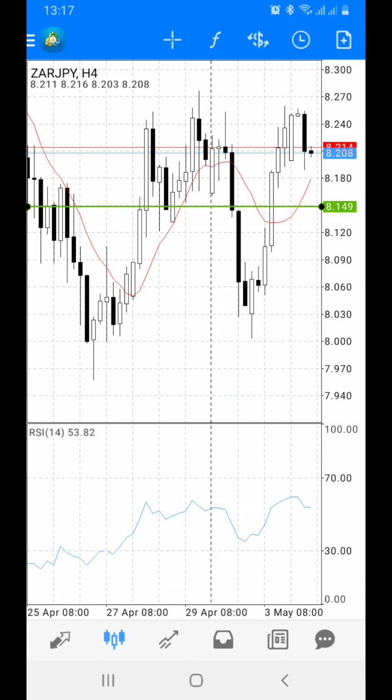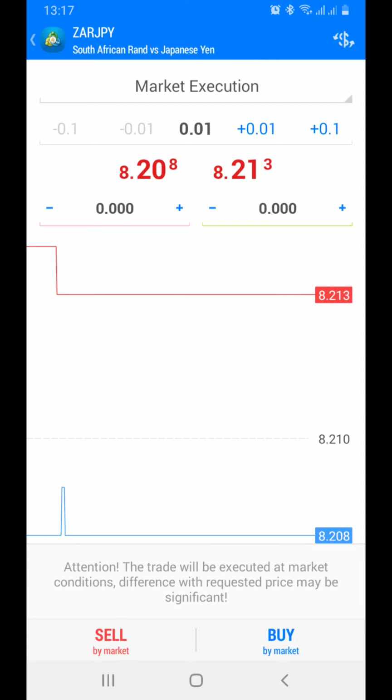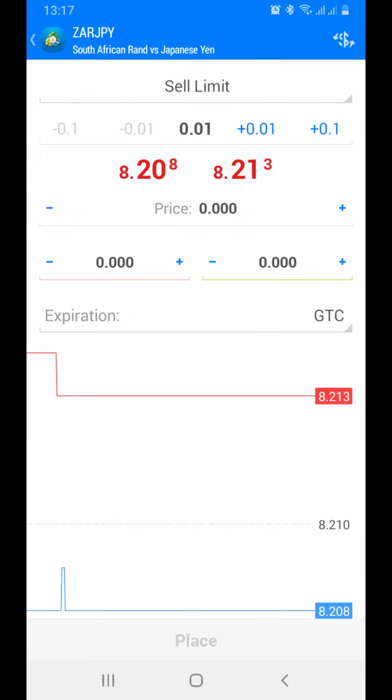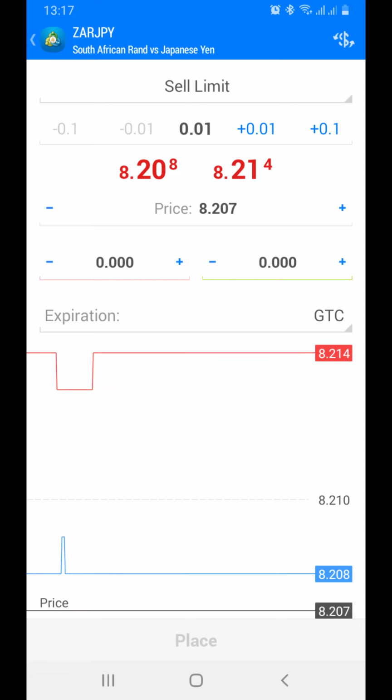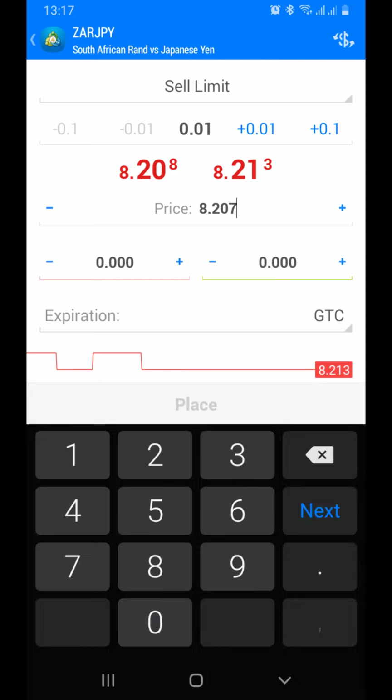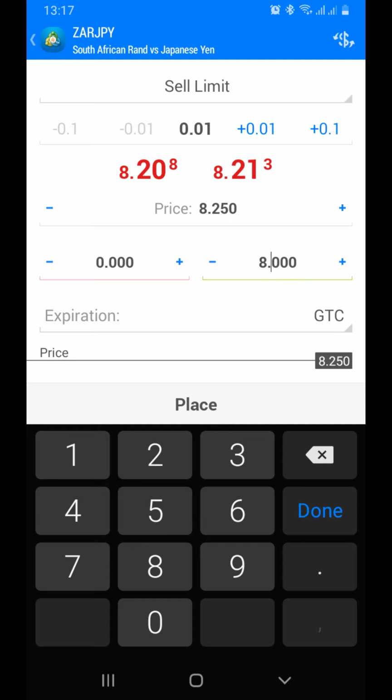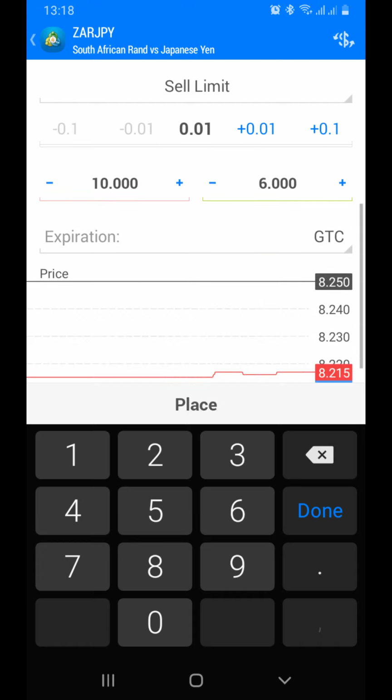So I'm going to take a sell position. That's the position.